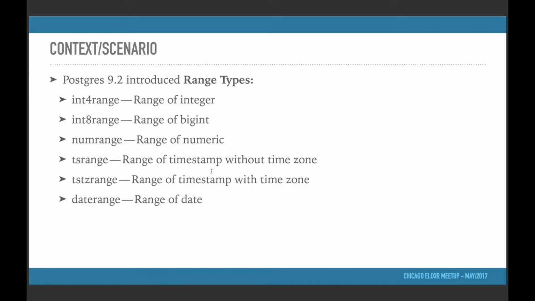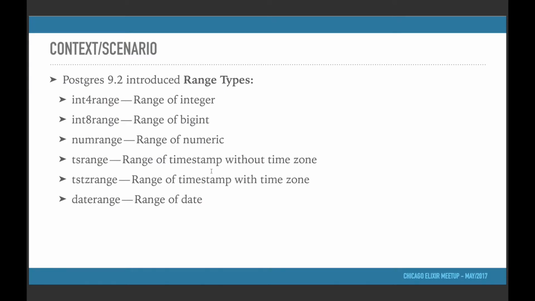You can have timestamp with or without time zone, or just date range for naive dates. All of those can apply for use cases like if I have a system with events or rooms and I have availability. It's a time in between and I would like to book a room or book something. You can use a range of dates.